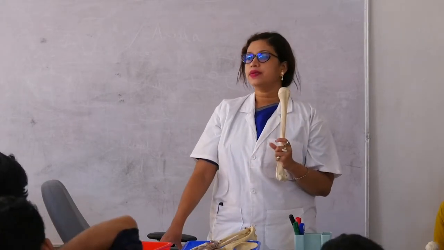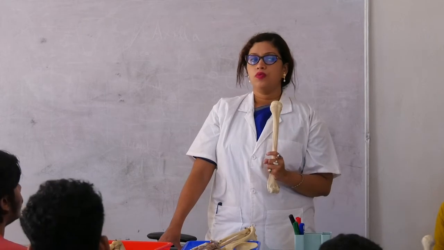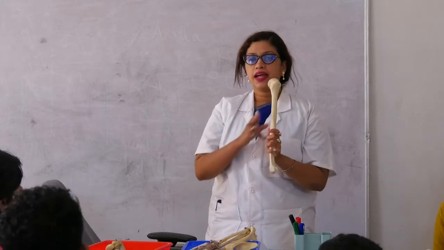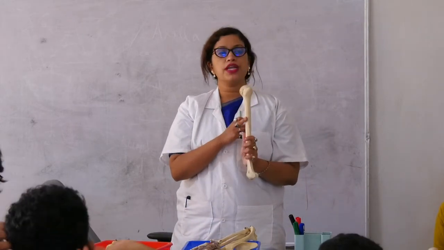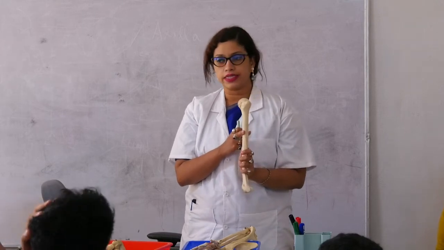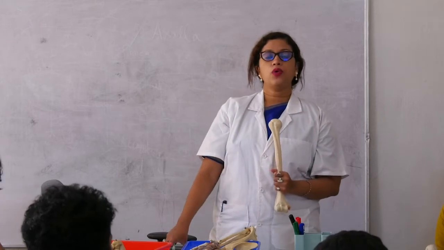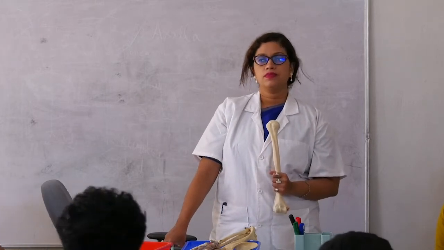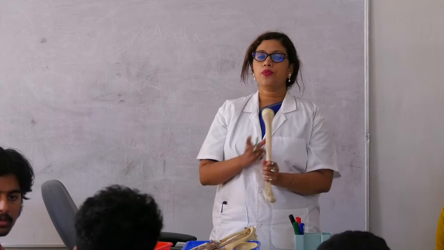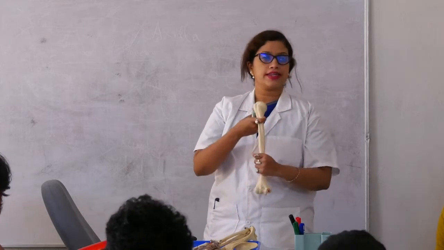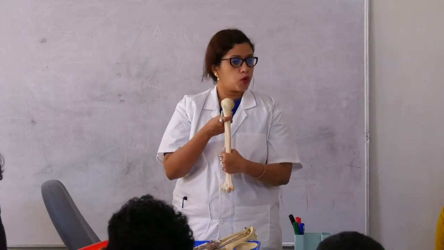Any other artery? This is the posterior surface, right? The posterior circumflex humeral artery. So could you remember about the femur? What are the two arteries? In the femur also there are such arteries, the circumflex arteries, which means they are inserted in the bone.